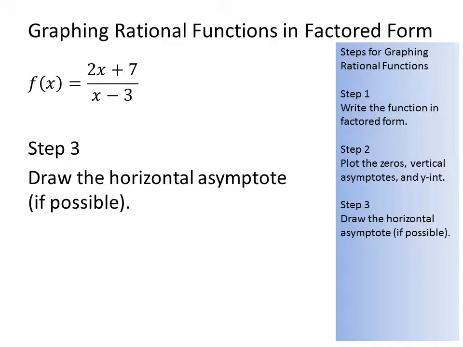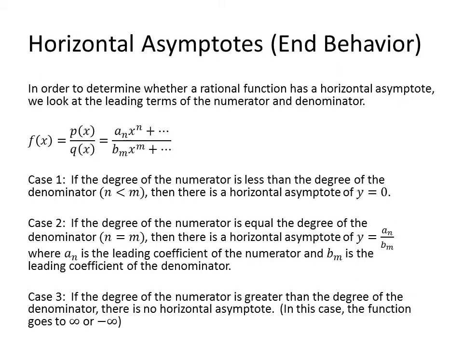The next thing we want to look at is the horizontal asymptotes. Now, some rational functions don't have horizontal asymptotes, and so we're going to look at how to find them if they are actually there. They're going to follow these rules. There's 3 possibilities when it comes to the end behavior of a rational function, or the horizontal asymptotes.